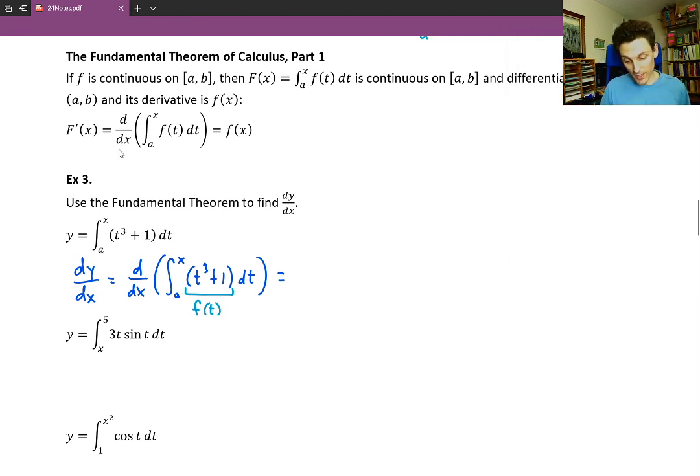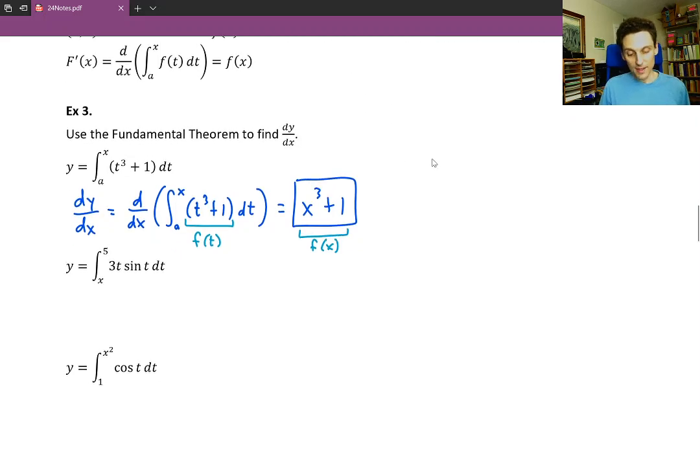What the Fundamental Theorem of Calculus says is that the derivative undoes this kind of integral and gets you back the original function, but instead of having a t inside, it'll have an x inside. So right here, we're going to have the original function, the t cubed plus 1, but instead of a t, there's going to be an x plugged in. So we'll get x cubed plus 1. And that is it. It's a really short problem when you know the Fundamental Theorem of Calculus Part 1.